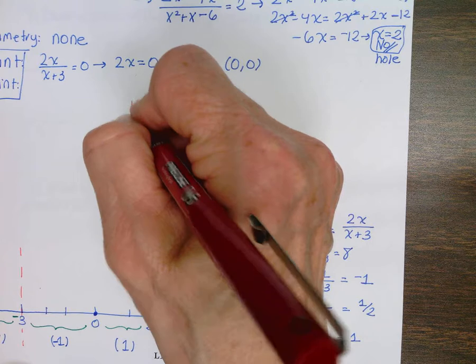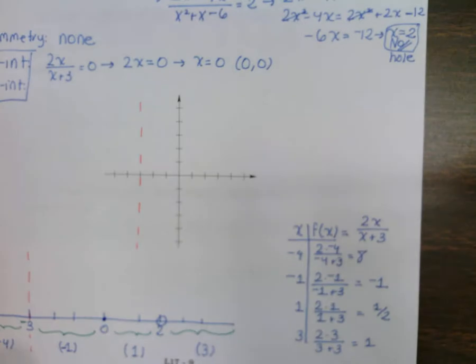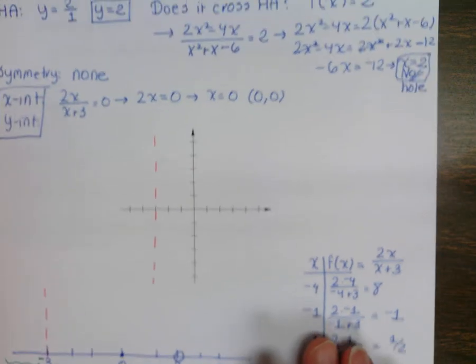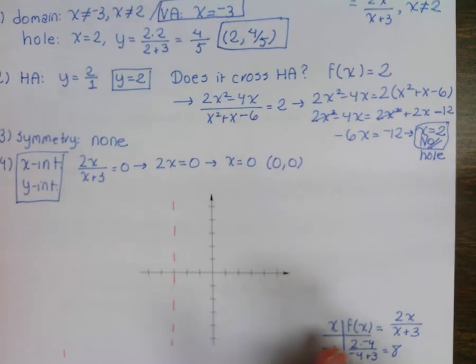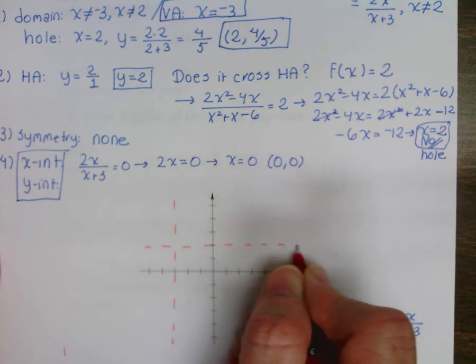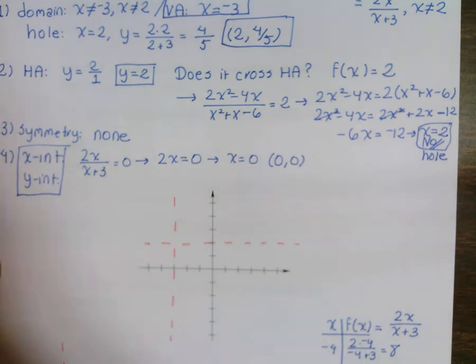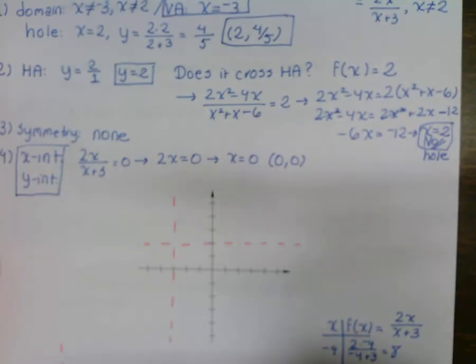All right, we have our vertical asymptote at negative 3. We had our horizontal asymptote at 2, and remember it does not cross. The only intercept we had was 0, 0.